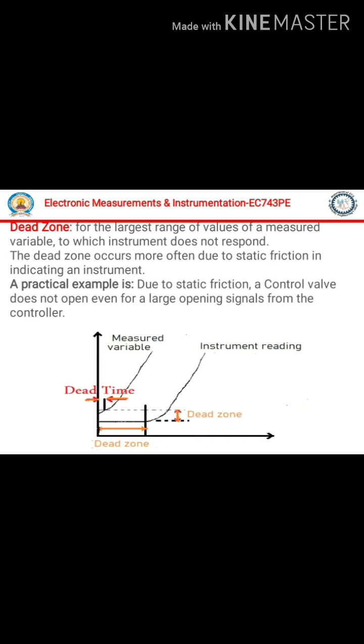For example, when you use a speedometer, as long as the speed of the vehicle increases to 20, 30, 40, 60, 100 kilometers per hour, your speedometer is showing very accurately. But when you reach 120, 140 kilometers per hour, the indication doesn't show accurately, and it may not move beyond a certain speed value.